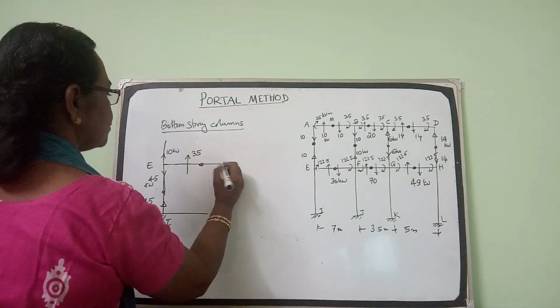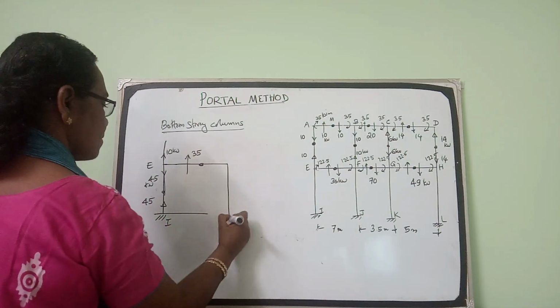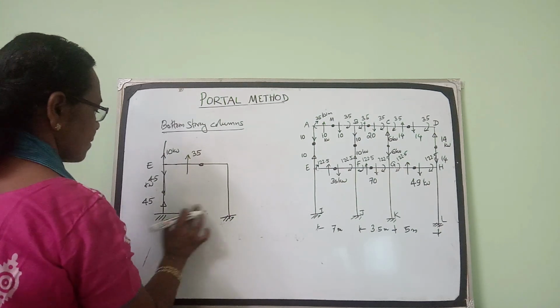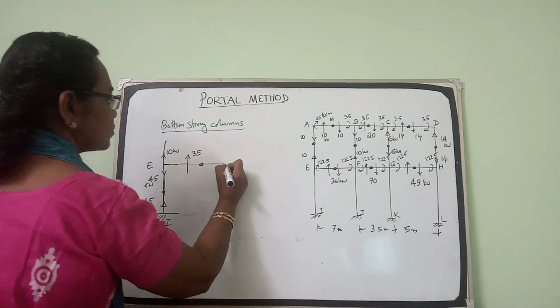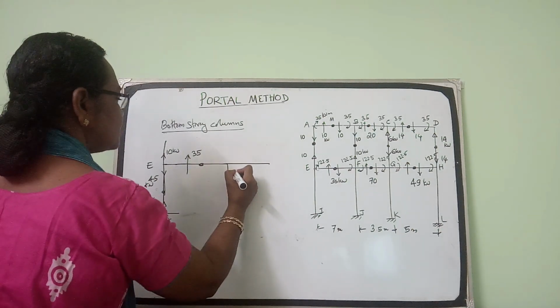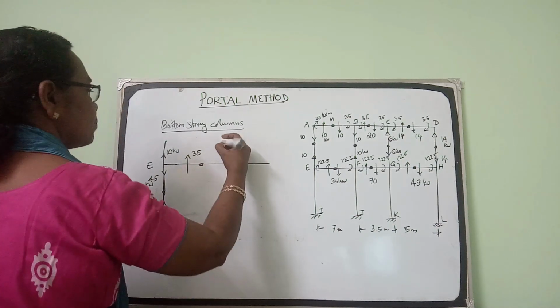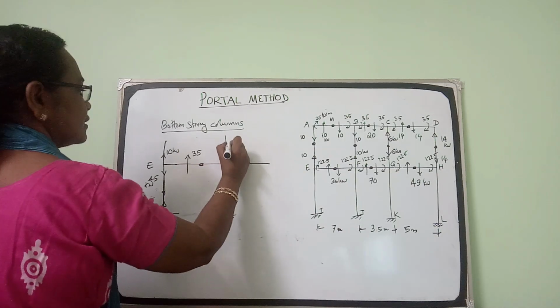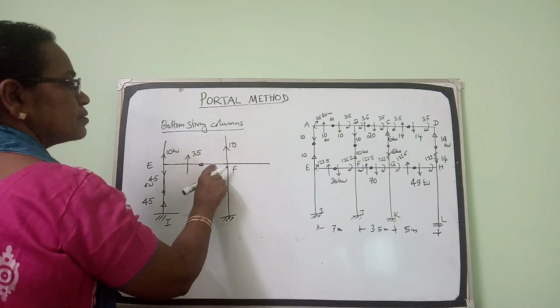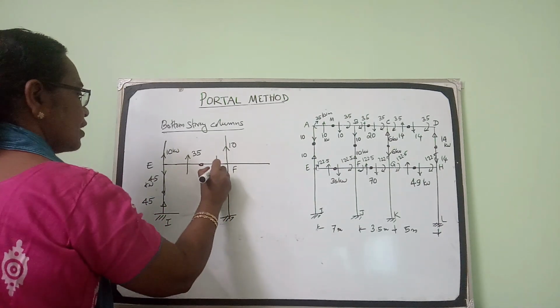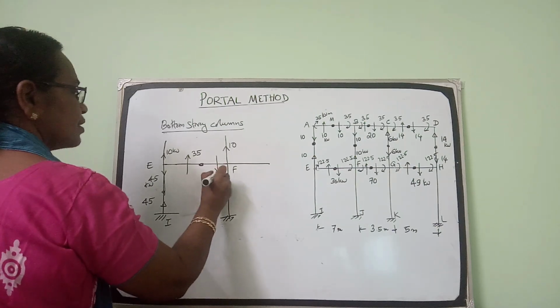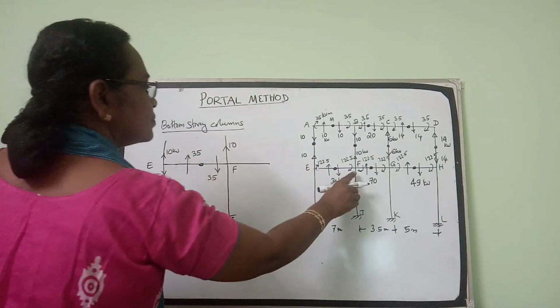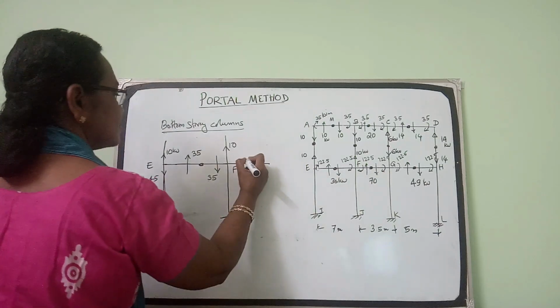Now coming to this next joint, F. Come to this joint F. There is an upward force in this column, 10. In this beam it is 35. Right side beam, 70.